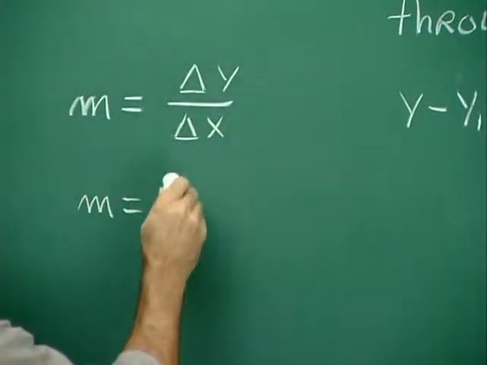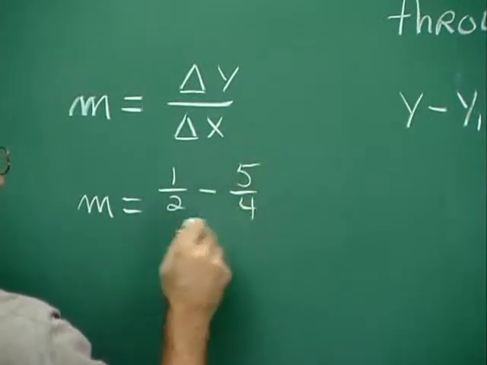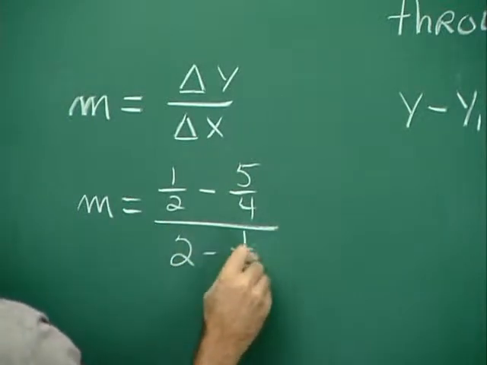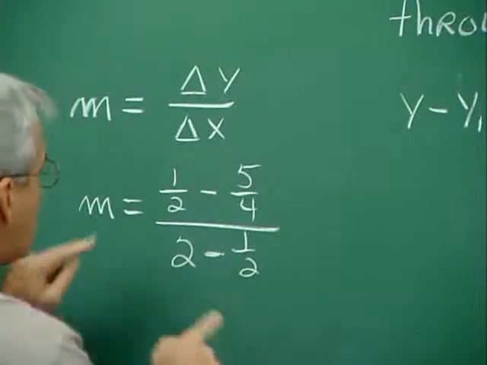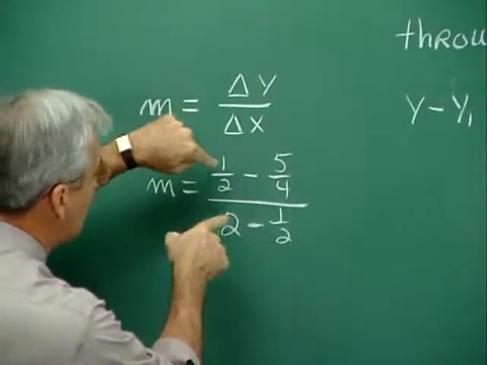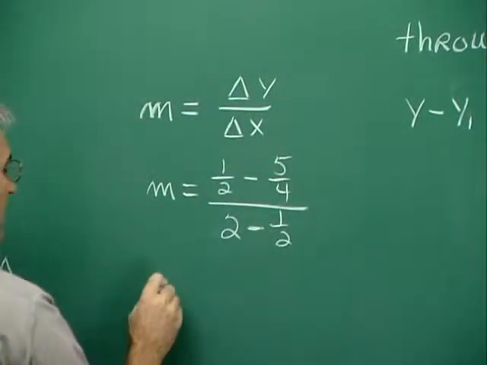I'm looking over there and I see 1/2 minus 5/4. And the change in x components, I'm seeing 2 minus 1/2. See, this is kind of a handy notation, but you just have to make sure that you have an xy pair here that are associated with one another and the other xy pair over here. That's the important thing.